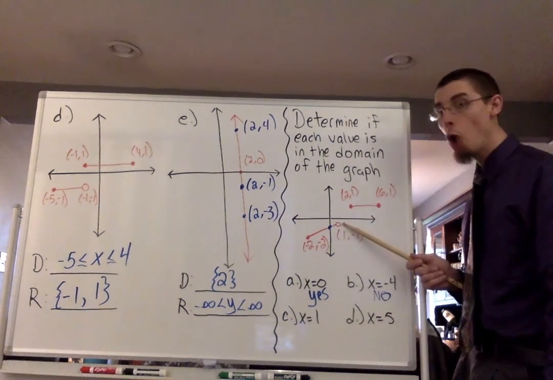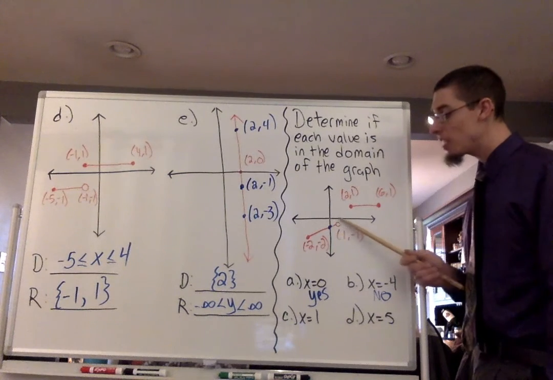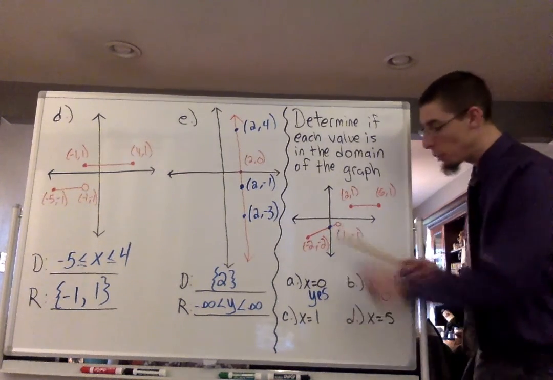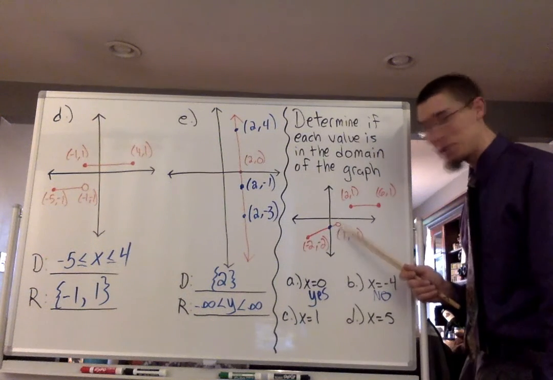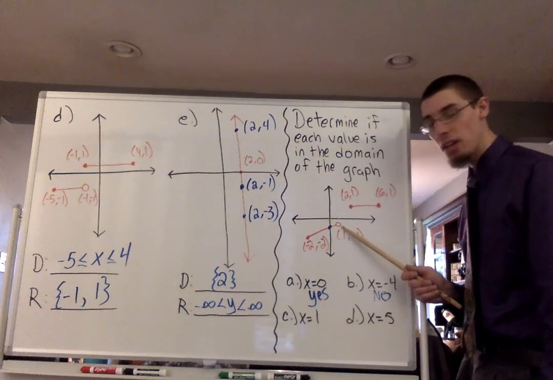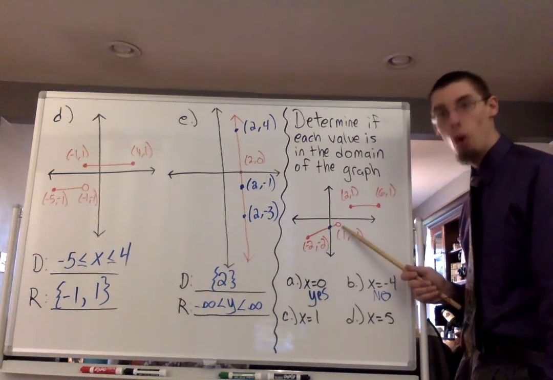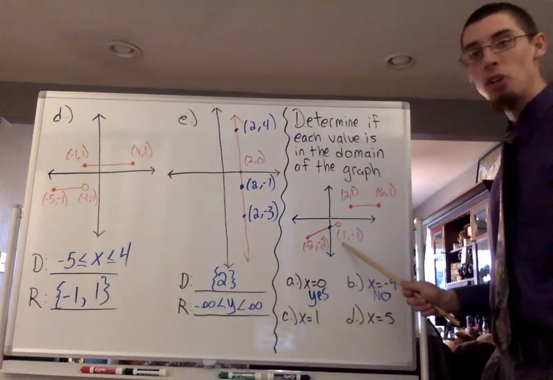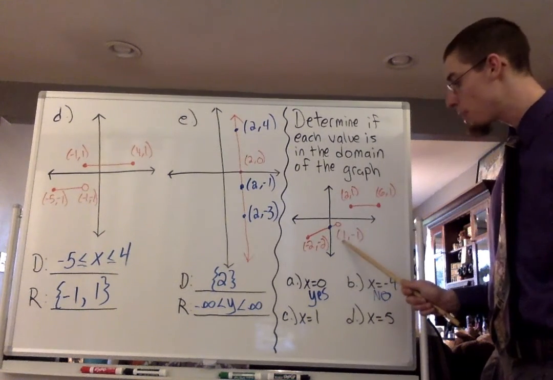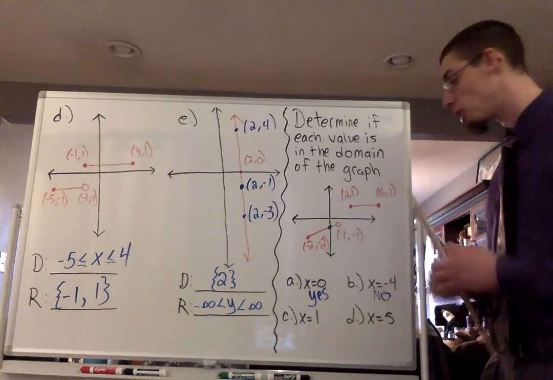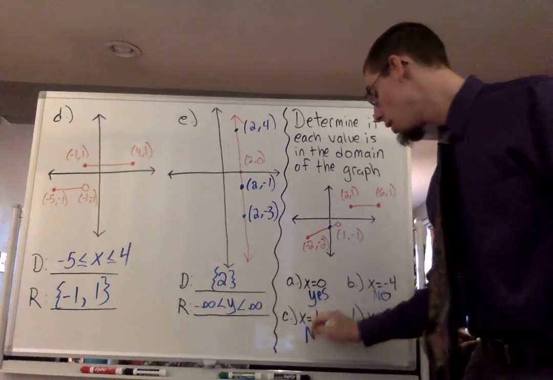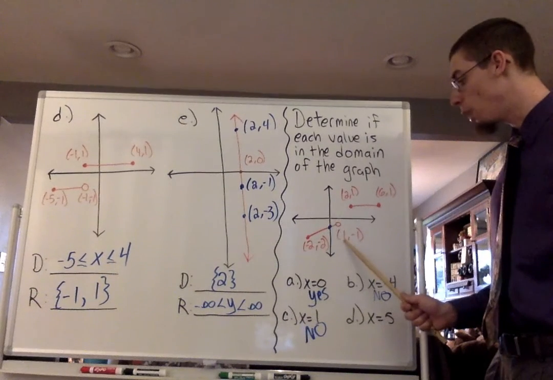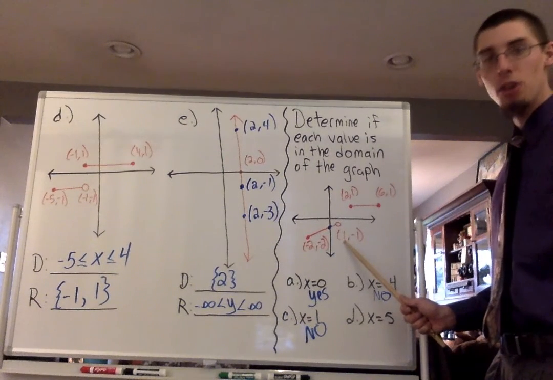Because that is an open circle, that means we can't actually use this one point. This is where the graph ends, but this one point here is not actually on the graph. So even though this point has an x value of +1, because it's an open circle, 1 is not in the domain.